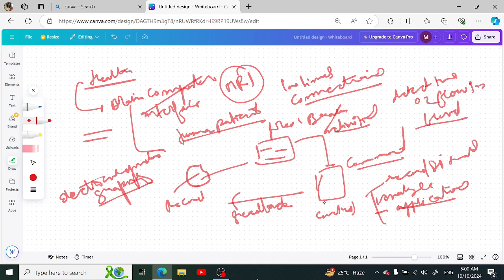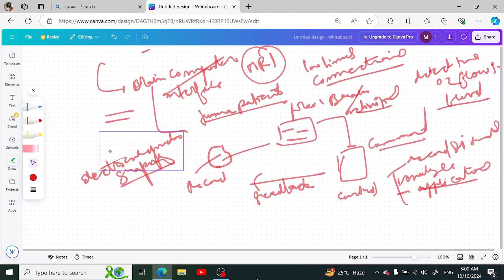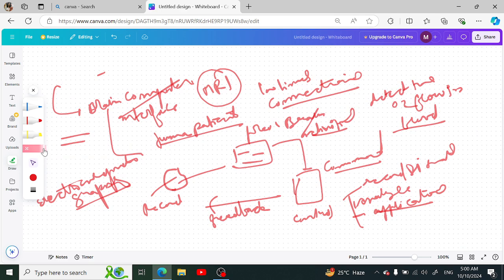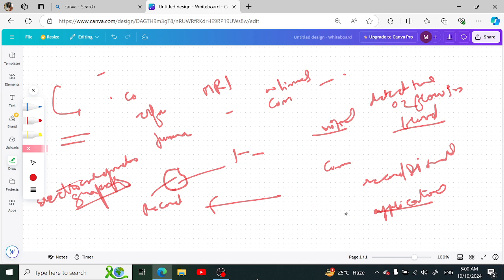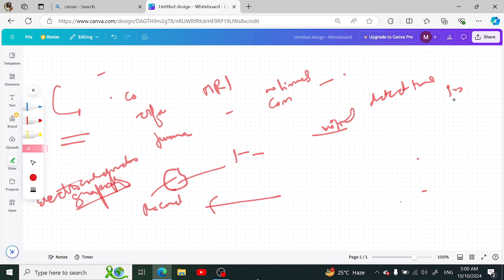Okay, so what are the key applications of the brain computer interface?